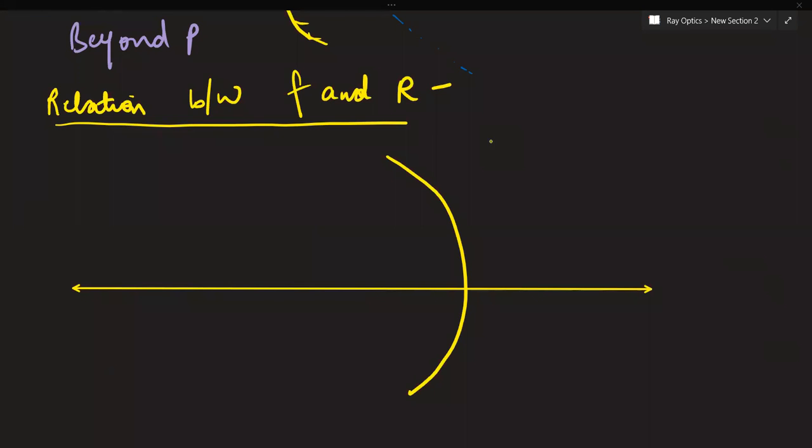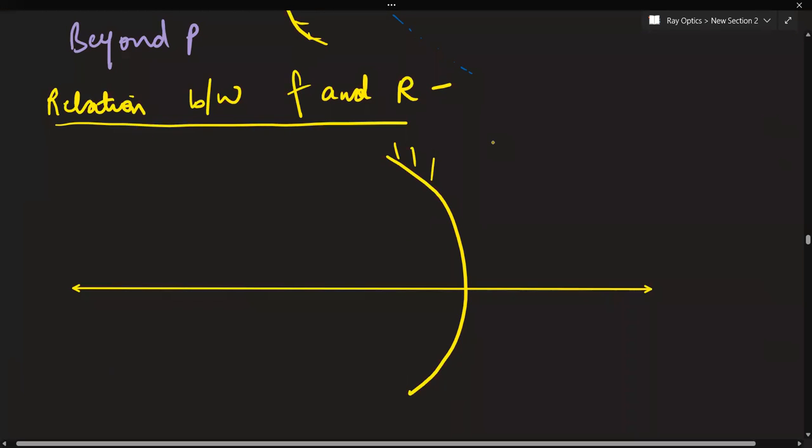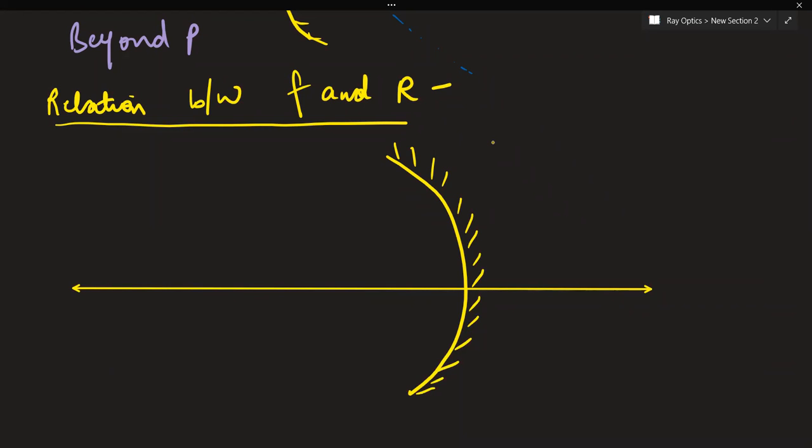This side or this side? Ma'am, for concave, it should be outside, this bulged part. Correct, good. So this is the bulged part.